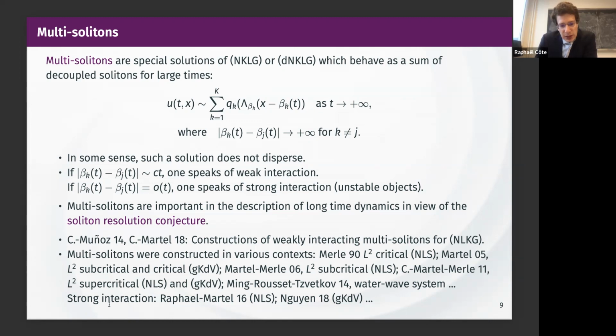More recently, there have been results on strongly interacting solitons, starting with the work of Raphaël and Yvan Martel for NLS. We can also mention a bit earlier a paper by Merle and Martel, in a slightly different context, but still with strong interaction, for the wave equation.